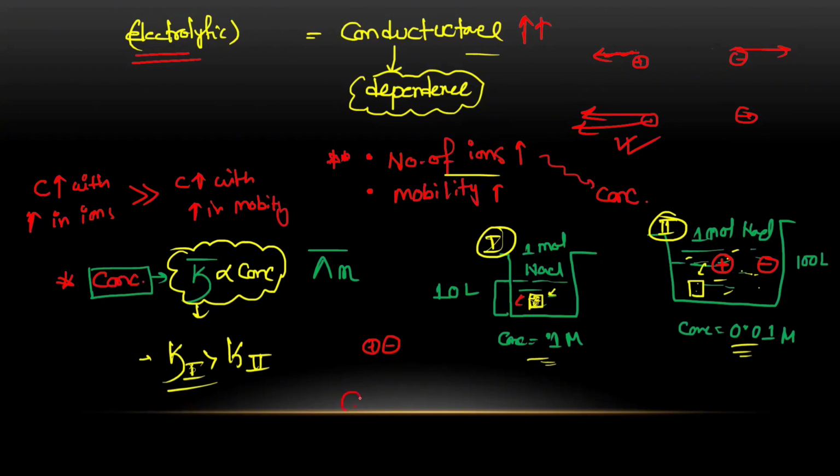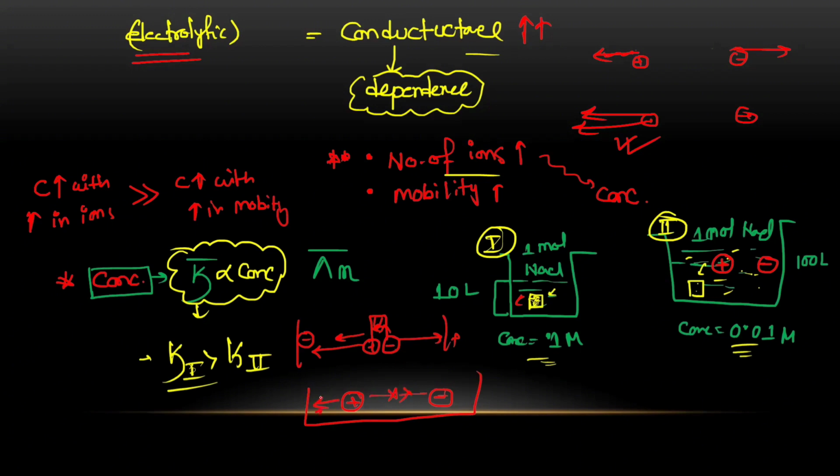So when a cation tries to move towards the negative electrode and an anion tries to move towards the positive electrode, the anion will drag the cation because they have a Coulombic interaction. The negative ion will stop the positive ion. Similarly, the positive ion will try to stop the negative ion because they are close enough, so their interaction is high. But in dilute solution, the interaction is not so high because they are at a large distance. So it has very little influence on the other.